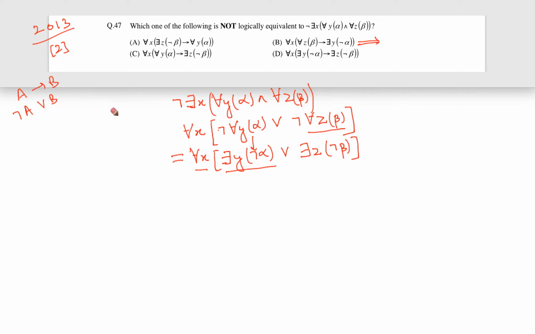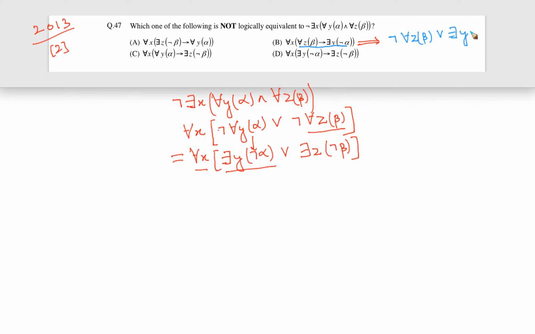In that fashion, we can write what is inside as not of for all z beta, or there exists y not alpha.